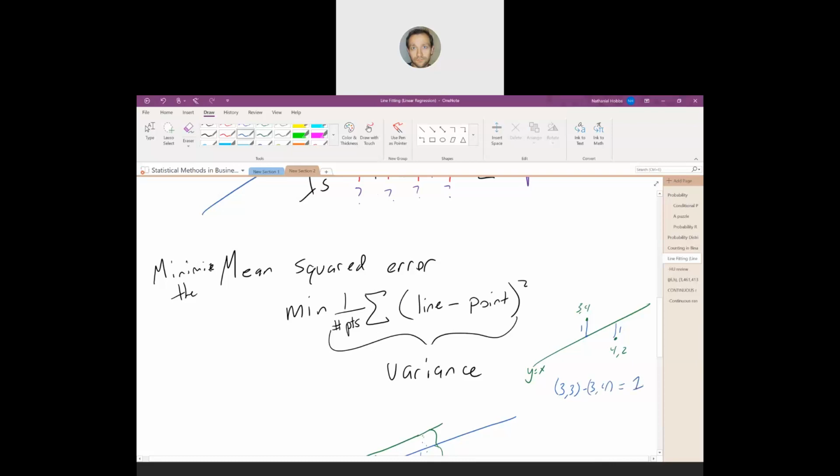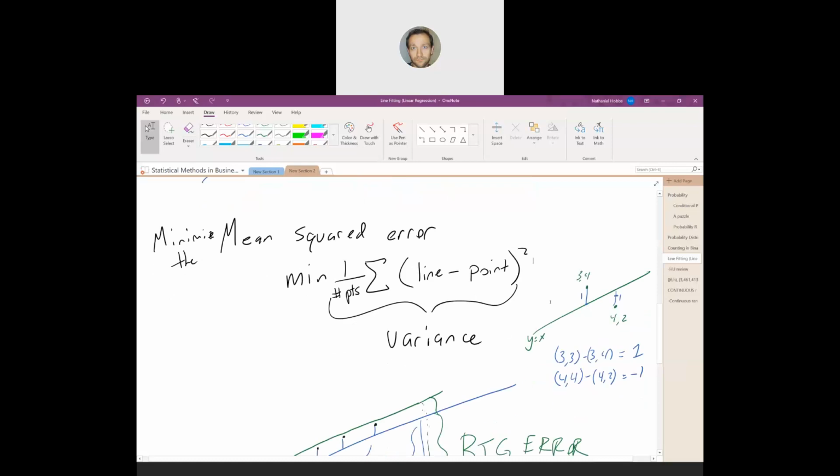And that's minus 1. Here, though, if you take 4, 4 minus 4, 2, this would be 2. So this isn't 1 here, this is like a minus 1. And so if you sum them up, then they cancel each other out. So that's no good. You don't want negatives to matter. So you can square it to get rid of negatives. That's one reason why we have it.